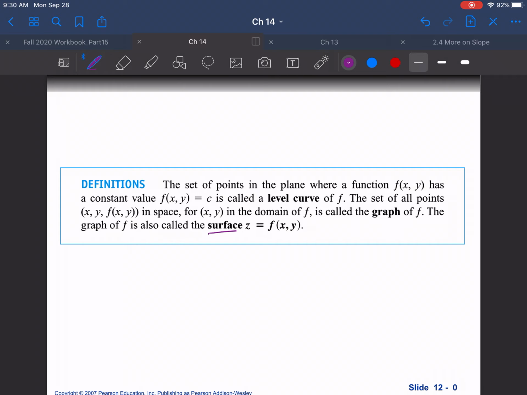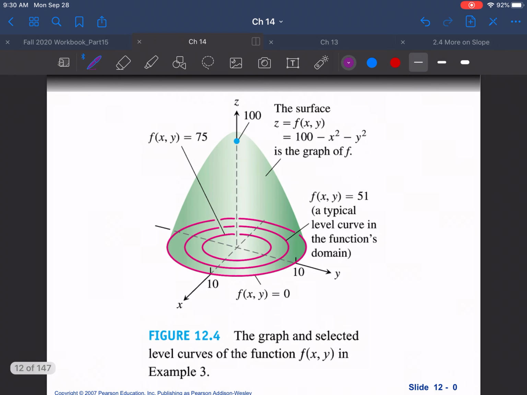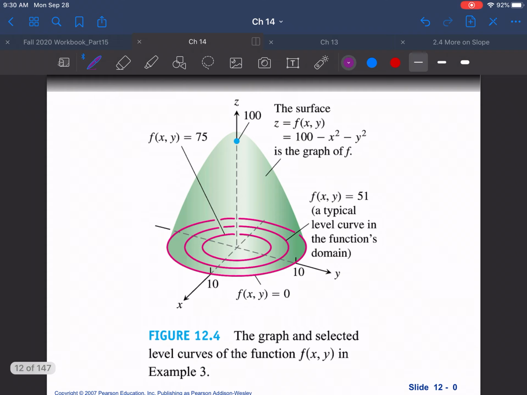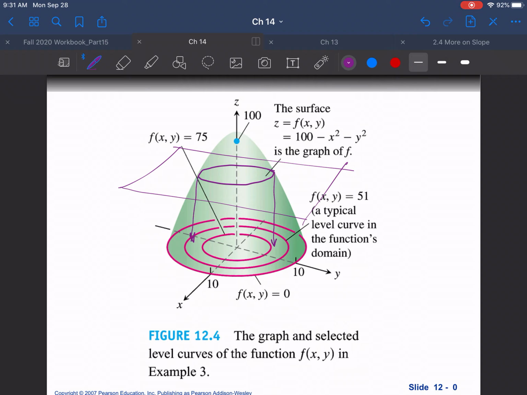And then here we have this level curve. So let's take a look here. Essentially, what we're doing to get a level curve is holding the z value constant. That's like taking a plane, say z equals 10, and then it's going to intersect our surface and create a line, and then we can drop that down into our xy plane, and when you drop it down there, that's our level curve.